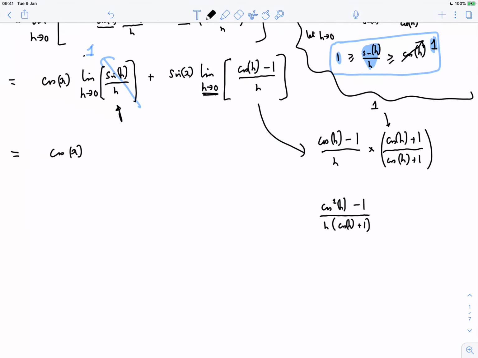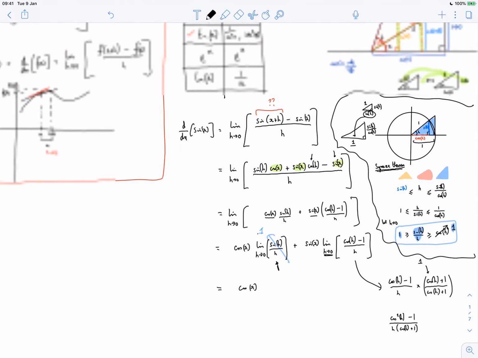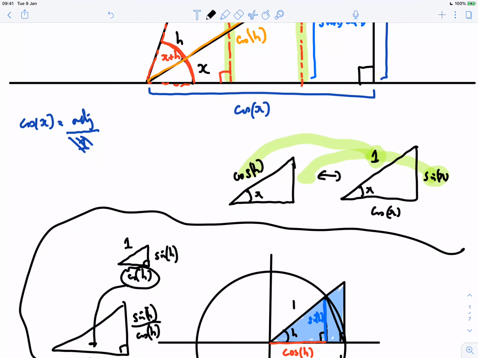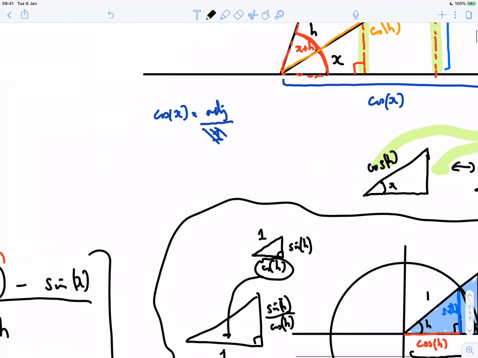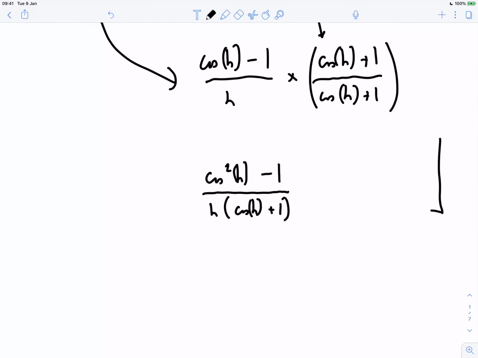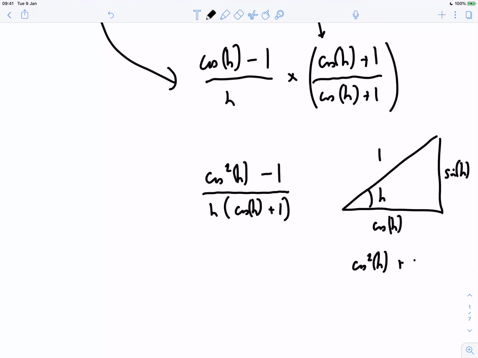Okay, right. So how does that help at all? Well, if I look back at this triangle over here and remember, in general, that if I've got a right angled triangle where this angle is h and this is 1, and this is sine of h and this is cosine of h, then clearly cosine squared h plus sine squared h equals 1 by Pythagoras.